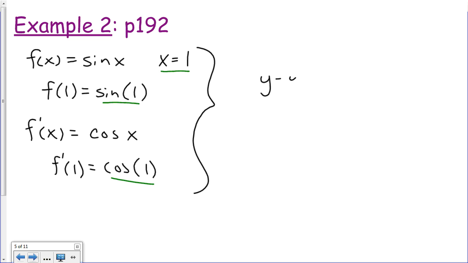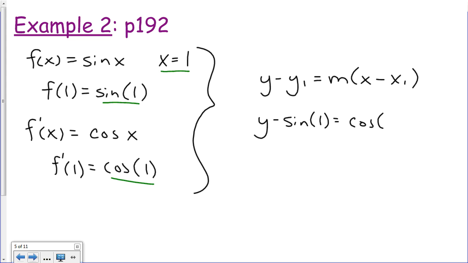So we have y minus y1 is equal to m times x minus x1. Does happen to be 1 here in this case, but I want it as x1. And I'll just substitute in what we know here. We've got y1 is equal to the sine of 1. Y minus the sine of 1 is equal to m, which is the cosine of 1, times x minus x1, which is 1. And again, you could leave it in this form here, but I'm going to go ahead and solve this for y.